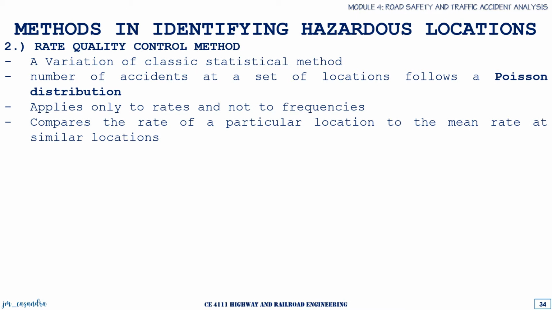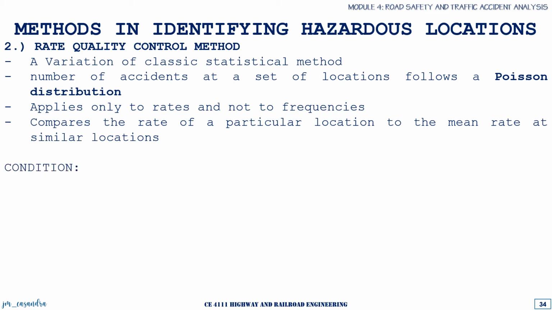While for the rate quality control method, my study area is the Cordillera region, but what I will consider, what I will compare within the CAR region are only those that have the same characteristics as the area I am studying.